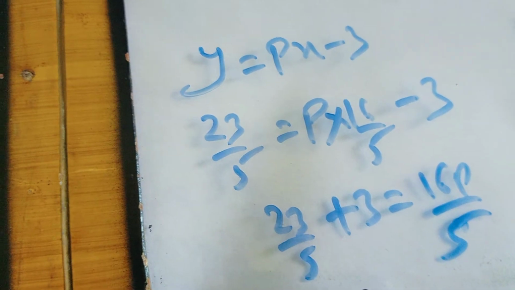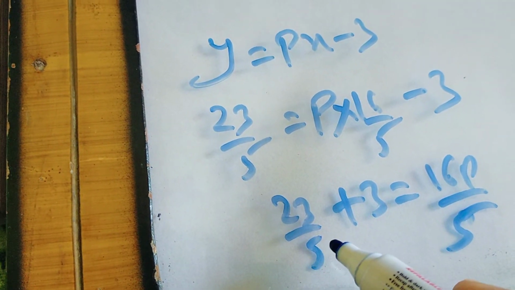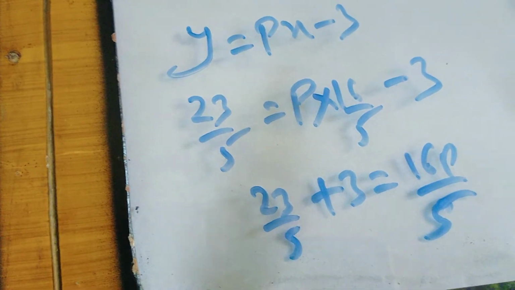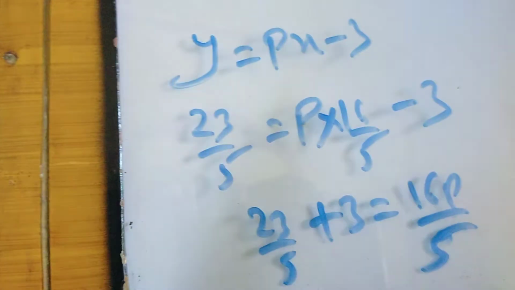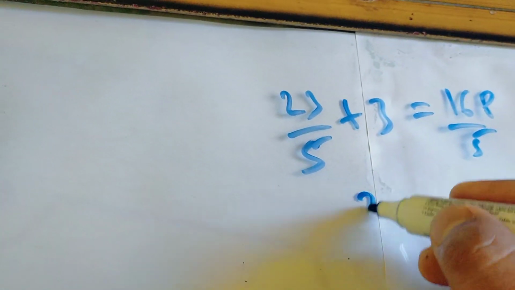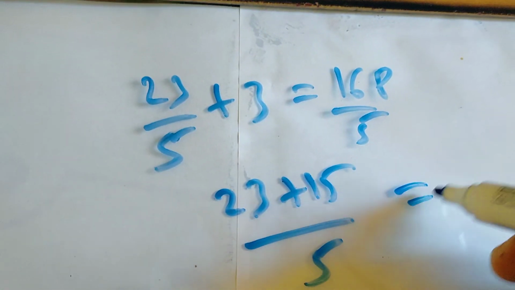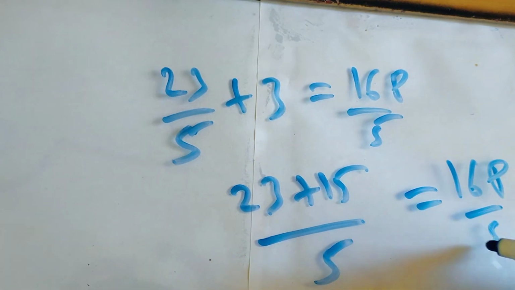So it will give 23, it is 5 3s are 15. So it will give the value 23 upon 5 plus 3 is equal to 16p upon 5. So it will be 23 plus 15 upon 5 is equal to 16p upon 5.